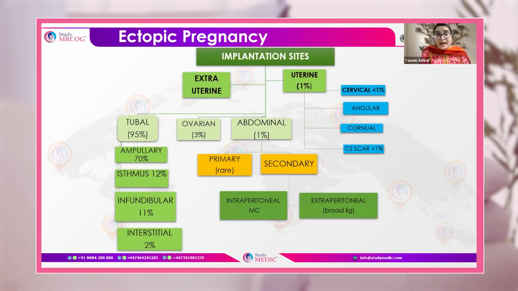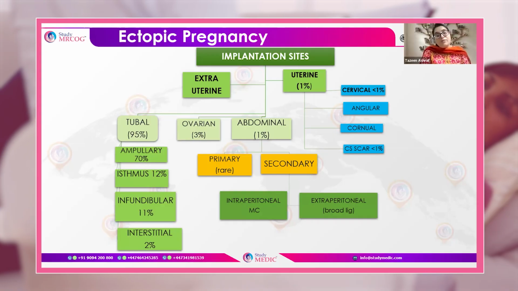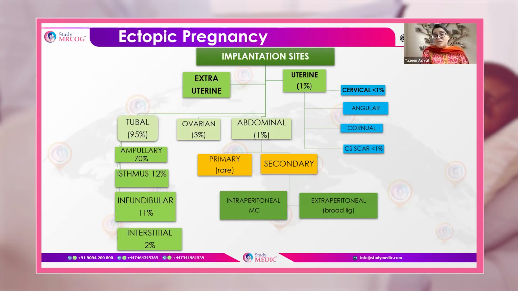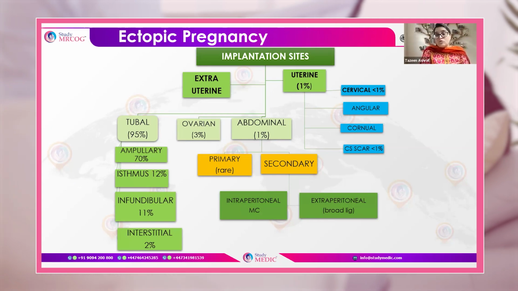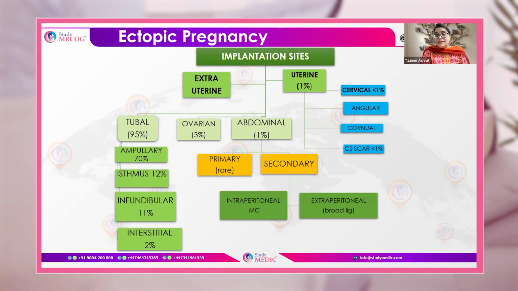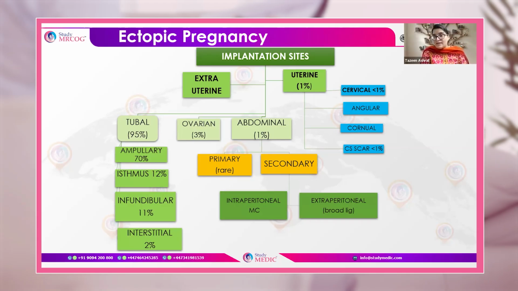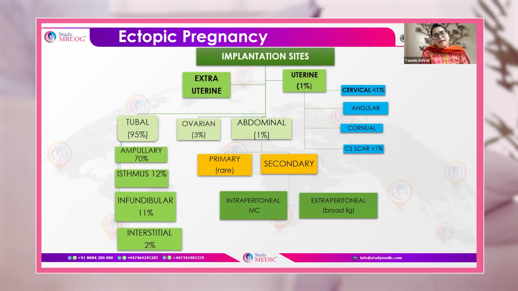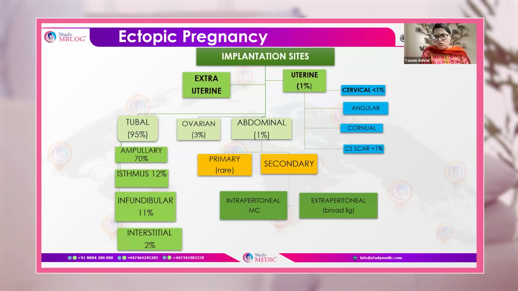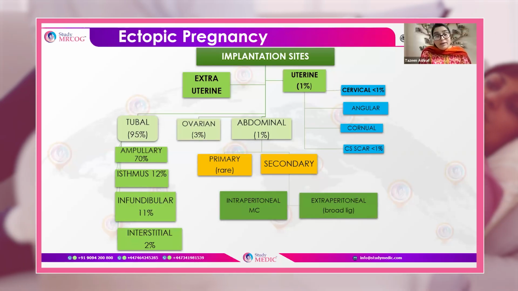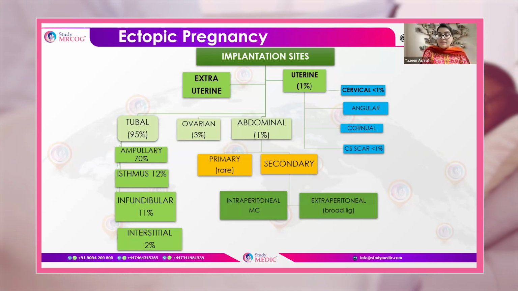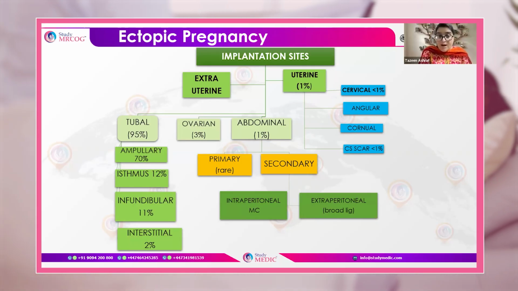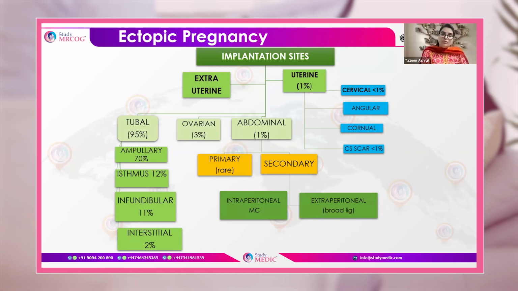So where can be the sites of these ectopic pregnancies? These can be extrauterine, outside the uterus, or they can be uterine, inside the uterus, which can be cervical pregnancy, cornual pregnancy, or cesarean scar pregnancy. The incidence of these is less than 1%. Extrauterine can be tubal pregnancy, and among the tubal pregnancies, 70% is in the ampullary region of the fallopian tube.